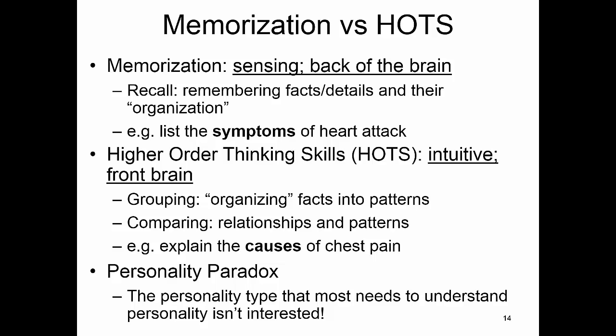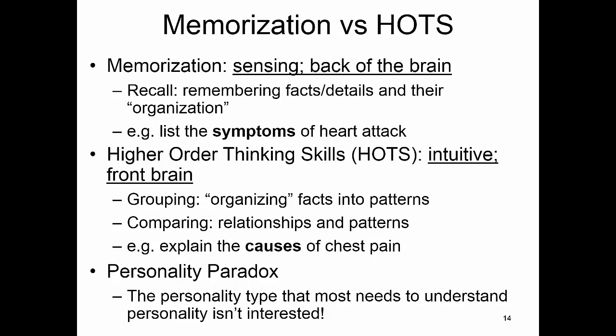Intuitives create their own groupings when they learn by using the front of their brain to compare relationships between concepts. Then, when taking a test, they can rely on their ability to eliminate incorrect answers that don't fit this big picture.